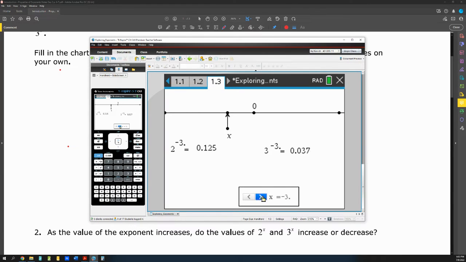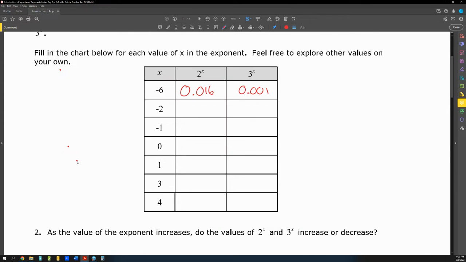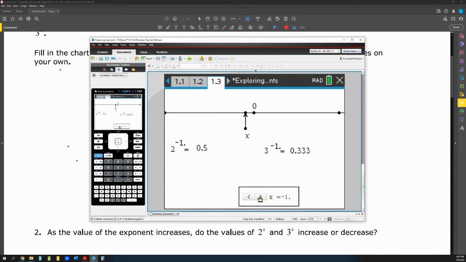Using the slider, I'm going to go over to x equals -2, and evaluating 2 to the x and 3 to the x, we have 2 to the -2 is 0.25, and 3 to the -2 is 0.111. Let's go ahead and fill in the table. Now evaluating for x equals -1, 2 to the -1 is 0.5, 3 to the -1 is 0.333.